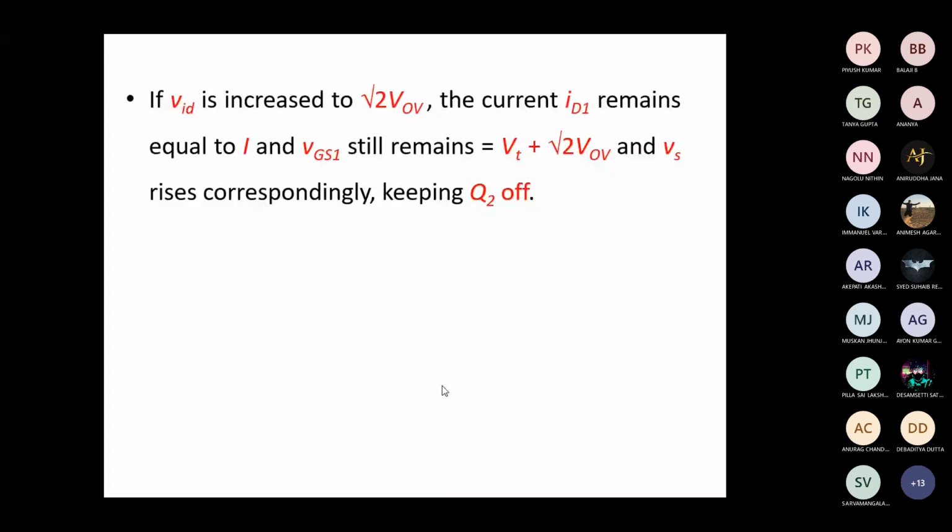If VID is increased to root 2 times VOV, the current ID1 remains equal to I. So the total current will be equal to ID1, and VGS1 still remains equal to VT plus root 2 times VOV. VS rises correspondingly, keeping Q2 off.